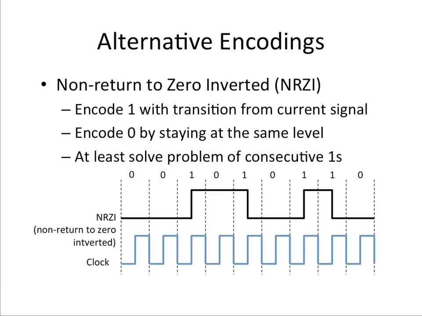But if the previous transmission was 1, we transition to 0. That makes sense? So anytime there is a transition, that's a 1. Or to flip it around, every time you need to transmit a 1, whatever you are transmitting, just flip it. Okay? So that's one way to transmit information.